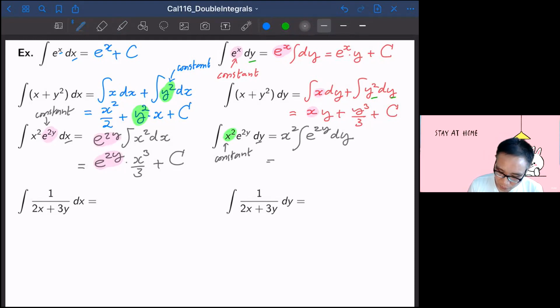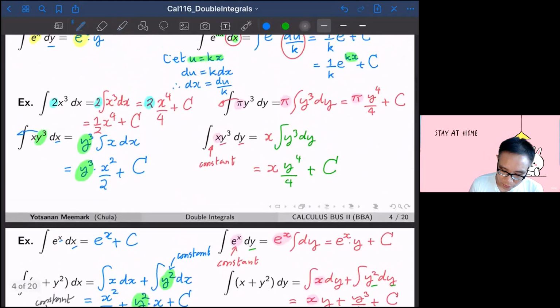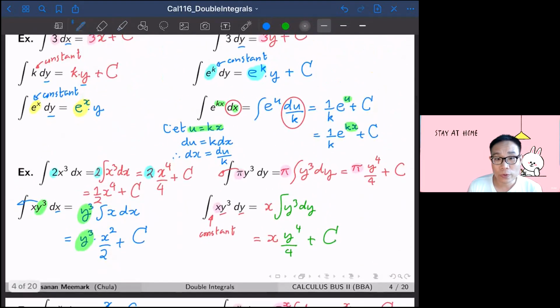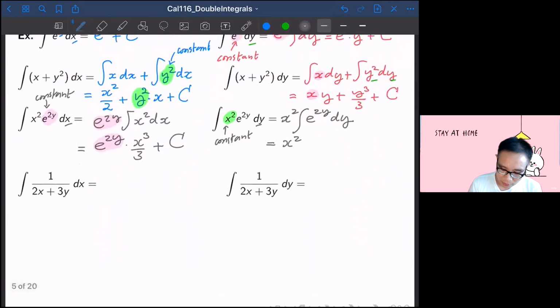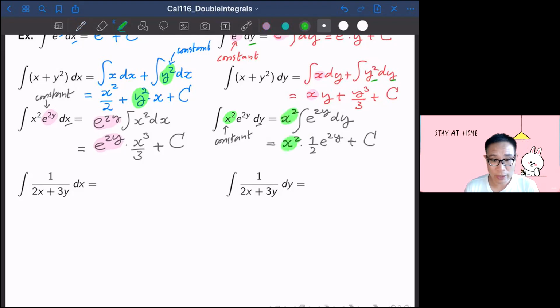For integrating e to the 2y, you can just use the formula. We know that the integral of e to the kx dx is 1 over k times e to the kx. So this will be 1 over 2 e to the 2y plus c. And here we take care of x squared as a constant.